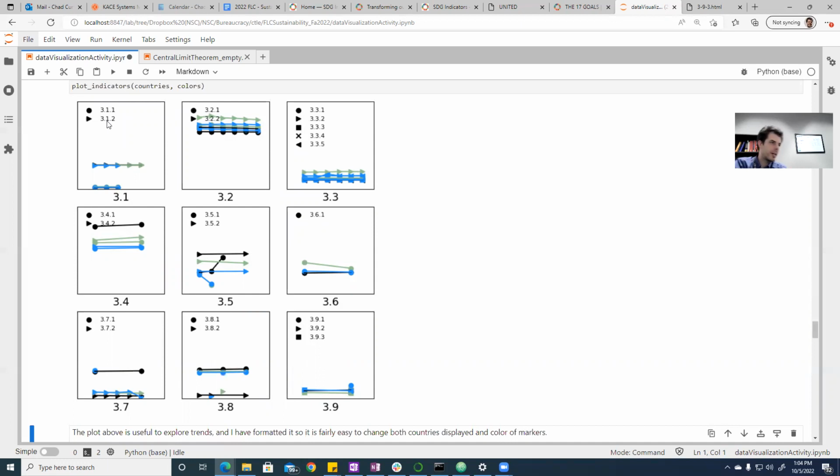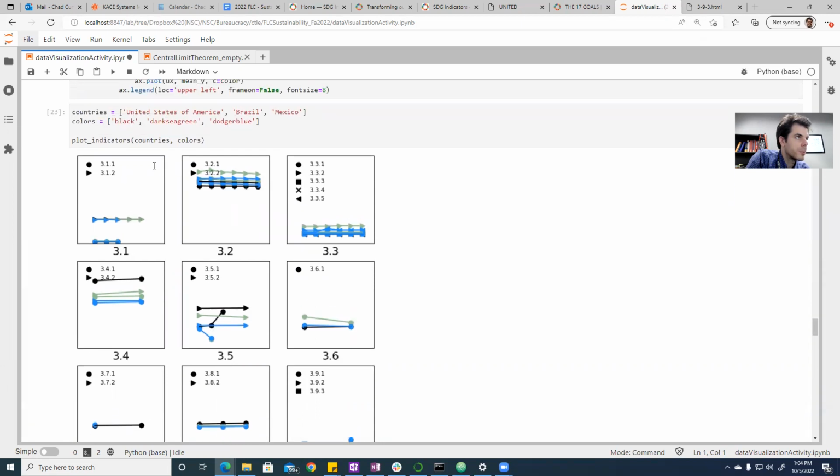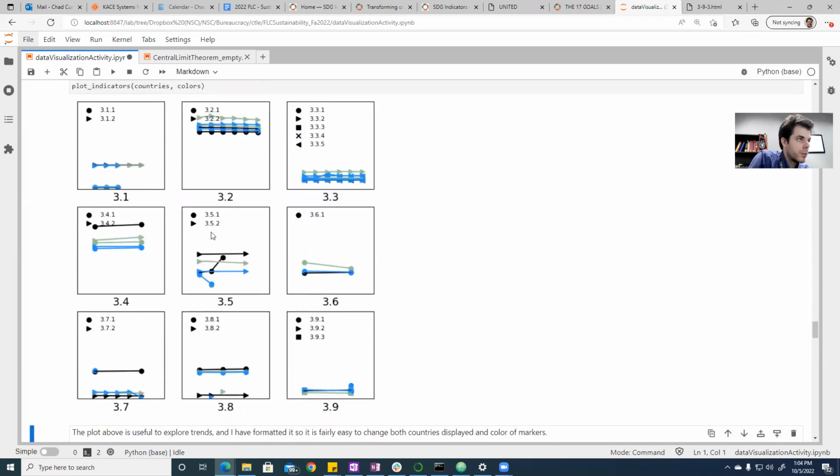And you'll see some trends. See if there's any that are interesting. Are there any that are decreasing or increasing significantly? It looks like, for instance, the black line here is increasing. What does black represent? The United States. So we have an increasing rate. These are all normalized, by the way, so that they show up on the same kind of scale, they're all normalized between 0 and 1, I think. 3.5.1.